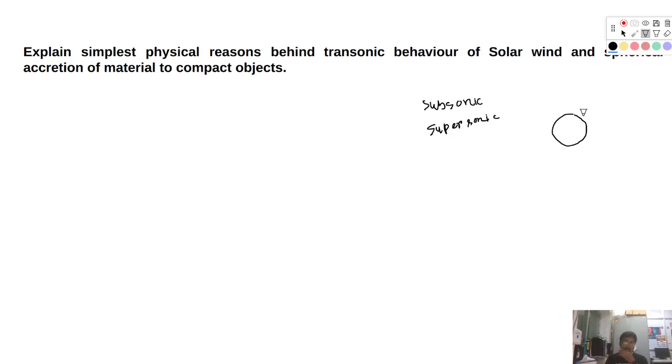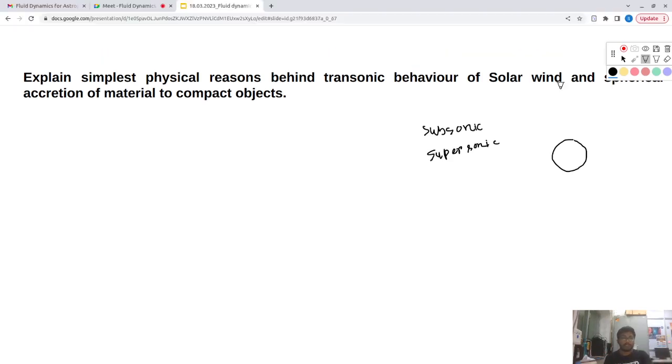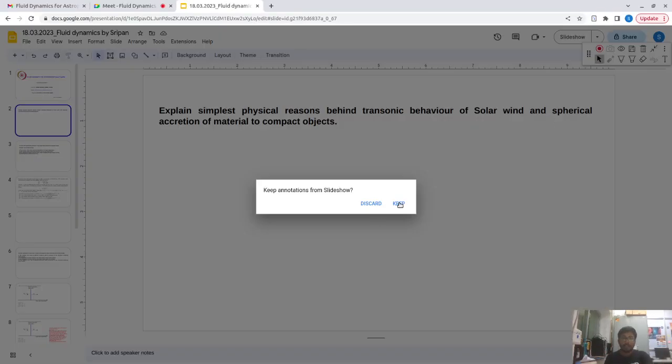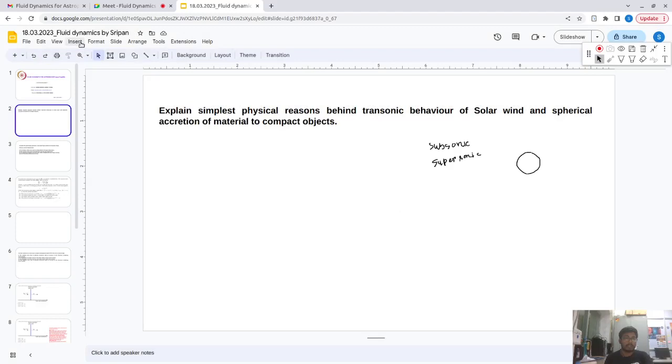That means initially it is subsonic, and then it goes into the supersonic regime. So that is the transonic behavior of solar wind. Okay, so in the solar wind case, you can write it, insert a text box.